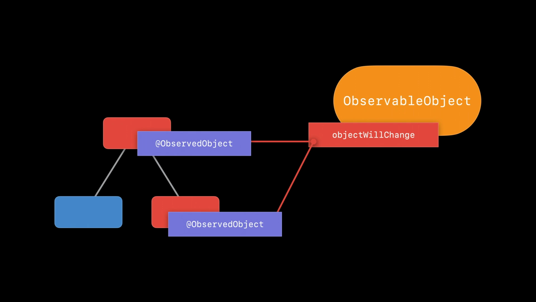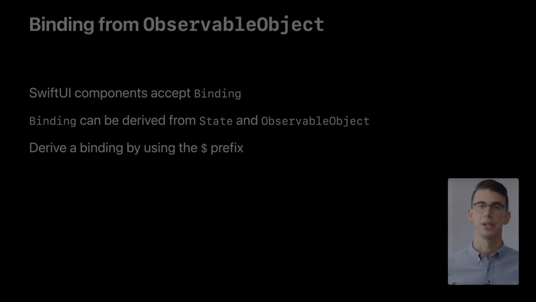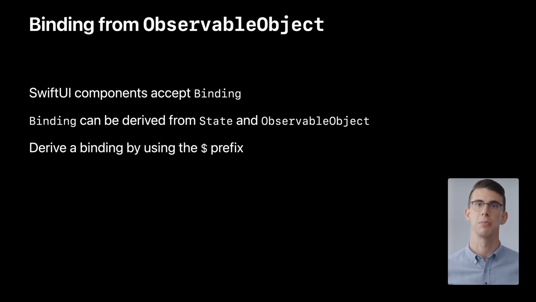But how do we produce mutation? Many of the UI components bundled with SwiftUI take a binding to a piece of data, and earlier in the talk, you have seen an example of how to design your component to do the same. This is one of the fundamental design principles of SwiftUI. Accepting a binding allows a component read and write access to a piece of data while preserving a single source of truth.